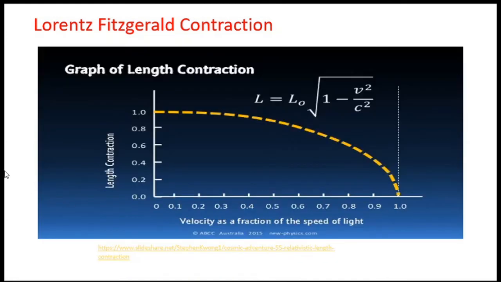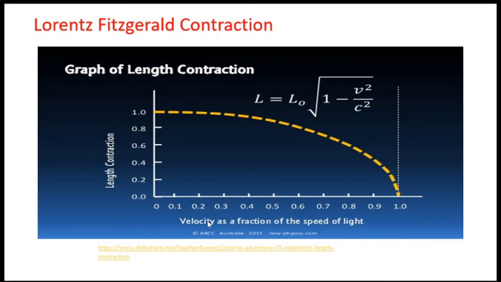Now, if you plot a graph between the contracted length or decrease in the length with the velocity in fraction of the speed of light, this 0.1 means 0.1c, this is 0.2c, this is 0.7c.